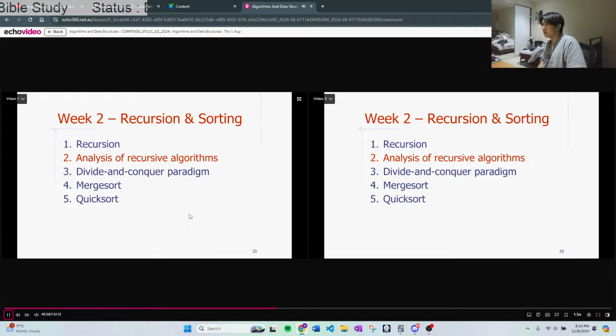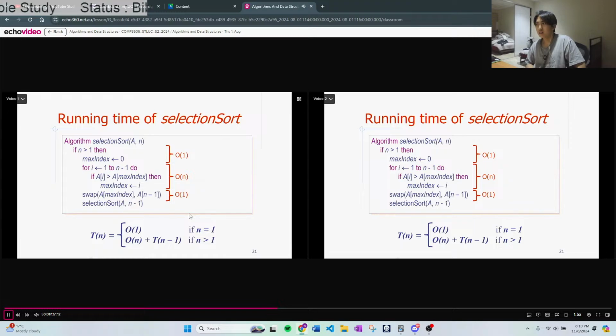However, there are more advanced and trickier recursive algorithms that we might need to analyze. So let's actually show how we can formally do this.